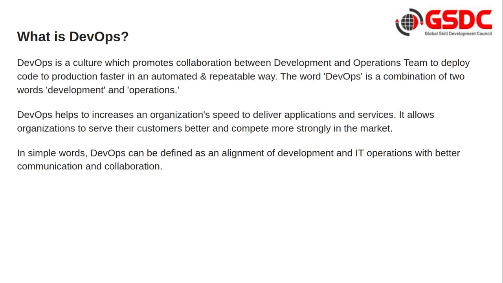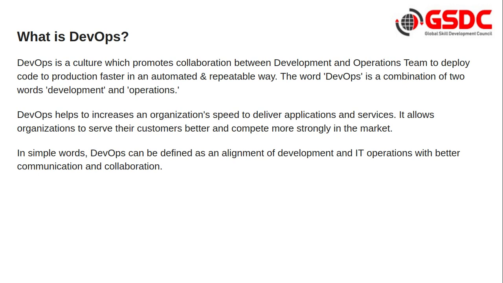If you want to understand in simple words what DevOps is, it is the alignment of development and IT operations with better communication and collaboration. That means the DevOps person is continuously interacting with the operations team as well as the development team.